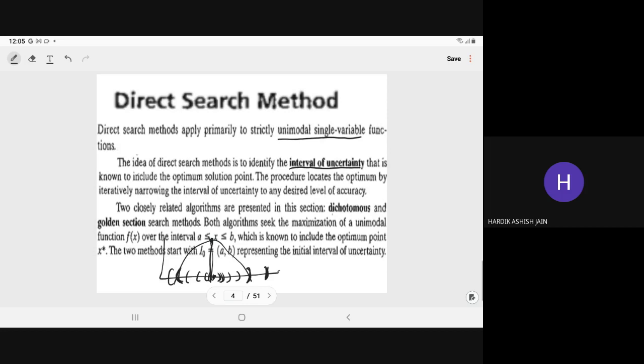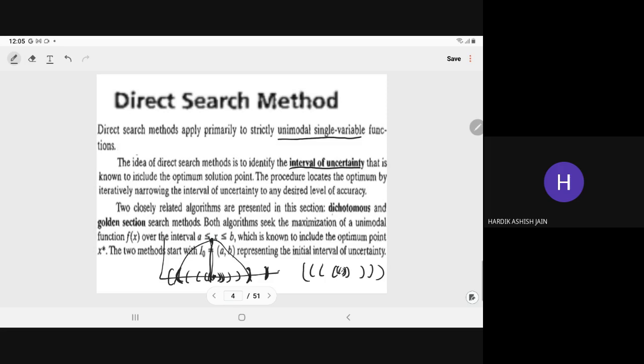In the beginning we do not know where the optimum point is, so in general we take the interval as big as possible, so that we can assume probabilistically that the optimum point lies in it. The procedure locates the optimum by iteratively narrowing the interval of uncertainty to any desired level of accuracy. From the starting we narrow the interval of uncertainty, and later we reach the optimum point.